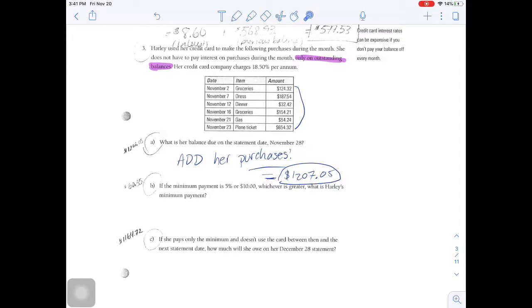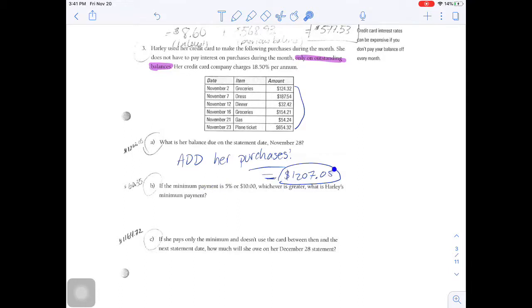Okay, if the minimum payment is 5% or $10, whichever is greater, so what the bank does is you can pay either 5% of what you owe or $10, but they want you to pay the greater one. What is Harley's minimum payment? So you're allowed to pay only a fraction of what you actually owe.